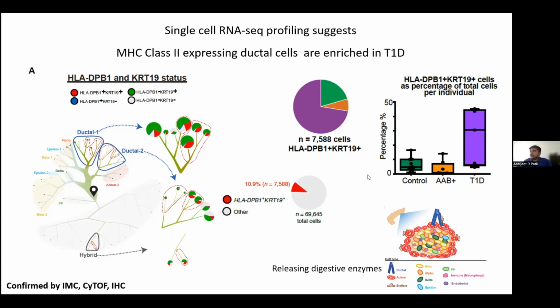So this was one of the major contributions from this study, where we found that MHC class 2 is upregulated in type 1. These experiments were also confirmed by several other assays using IMC, CyTOF, and immunohistochemistry, IHC.